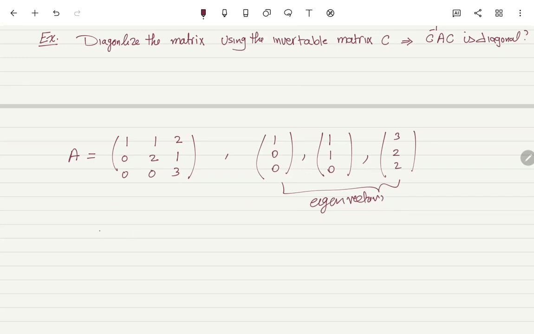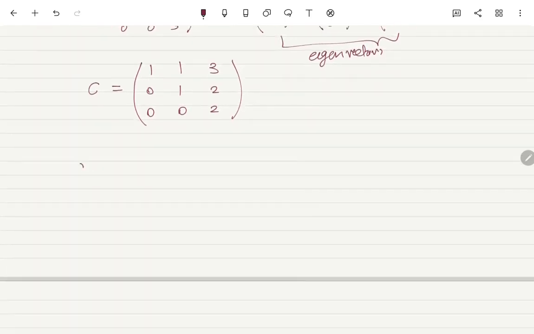So C is the matrix of the eigenvectors, which is 1, 0, 0, 1, 1, 0, 3, 2, 2. And let's find C inverse.